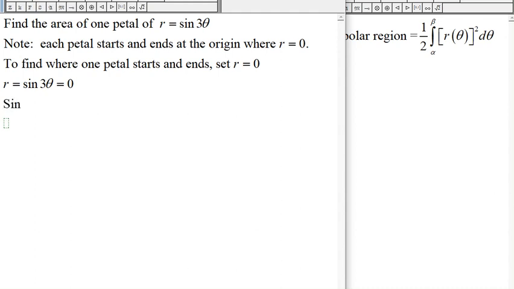Again, we know that sine of 0 is equal to 0, sine of pi is equal to 0, and sine of 2 pi is also equal to 0. Which means that the 3 theta right here has to be 0, pi, or 2 pi.